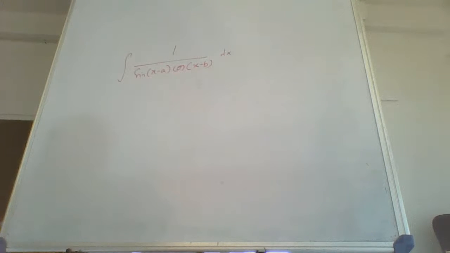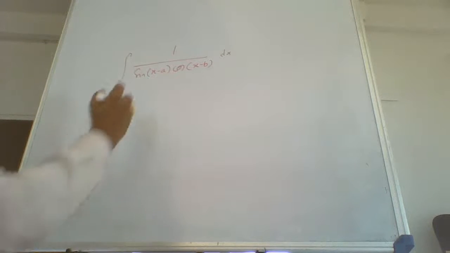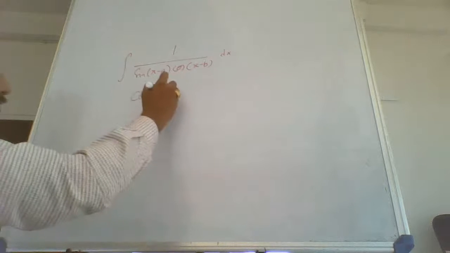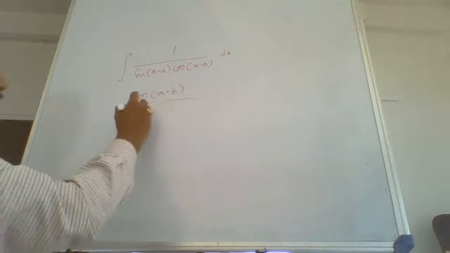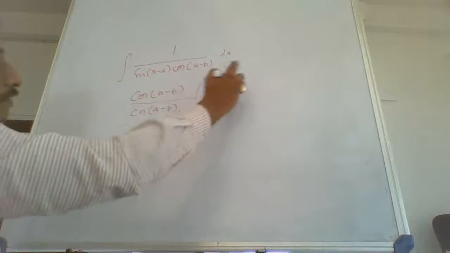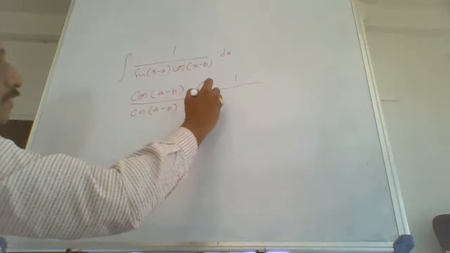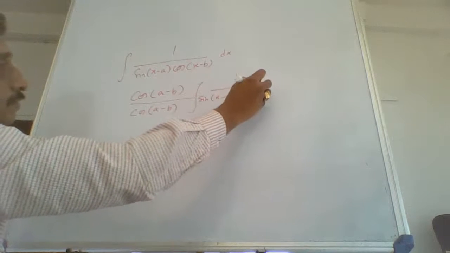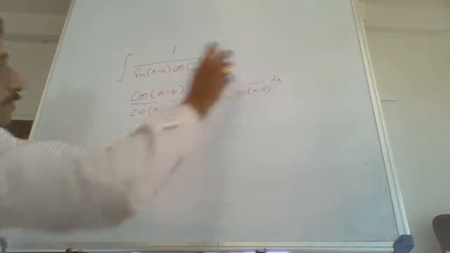Now I'll multiply and divide by cos of a minus b. Let us see how it goes. So I'll divide and multiply by cos of a minus b divided by cos of a minus b. Integral 1 by sine of x minus a cos x minus b into dx.